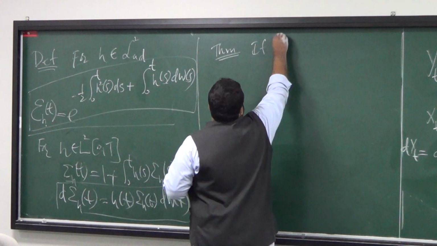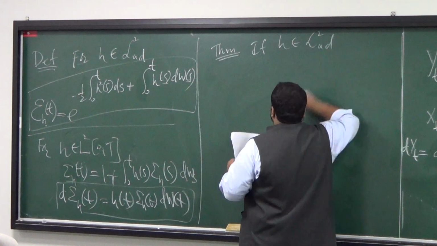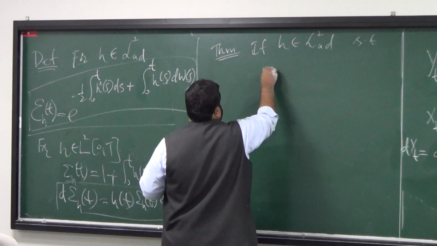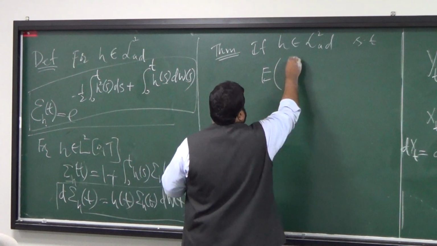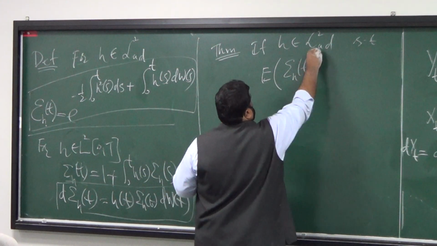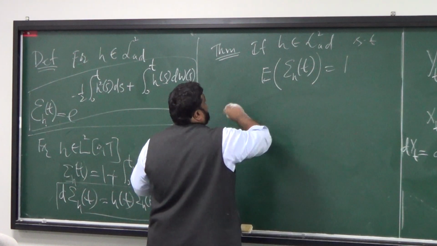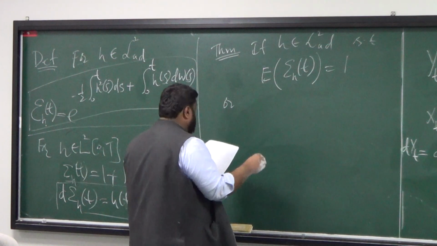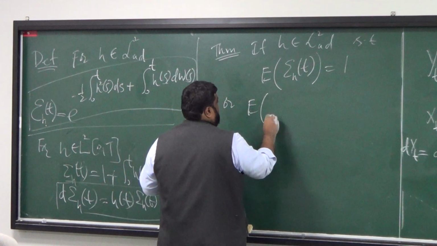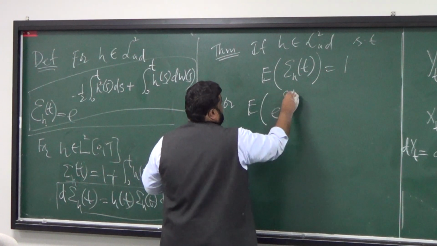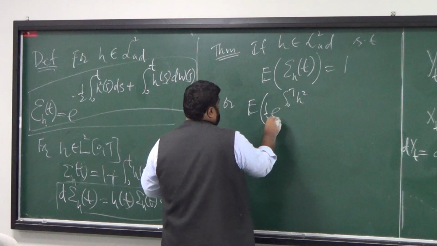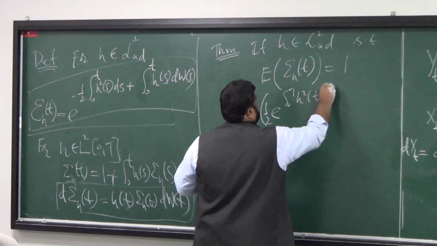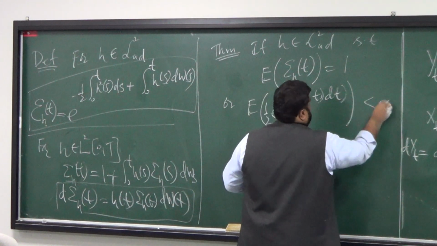So if you take h from calligraphic L2AD such that it satisfies this condition, that the expectation of the exponential of h of t is 1, or another condition, which is called the Novikov condition, that the expectation of e to the 1/2 integral from 0 to t of h squared of t dt is finite.